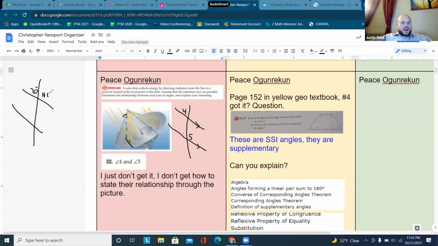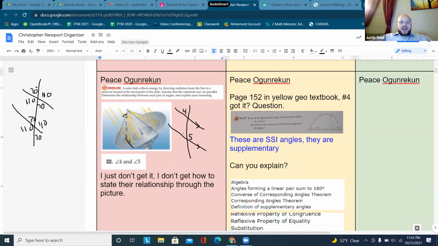This would be 110 because they have to add up to 180. And then the vertical angles would make this 110 and this 70. And then alternate interior would make that 70, and then just unlock the key down here.